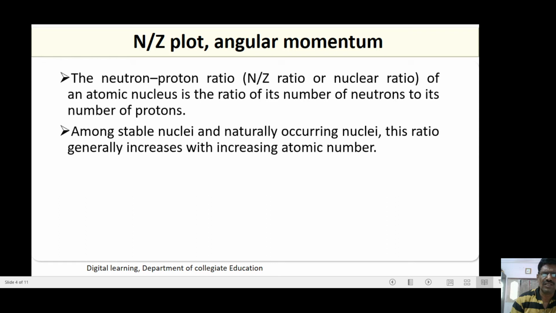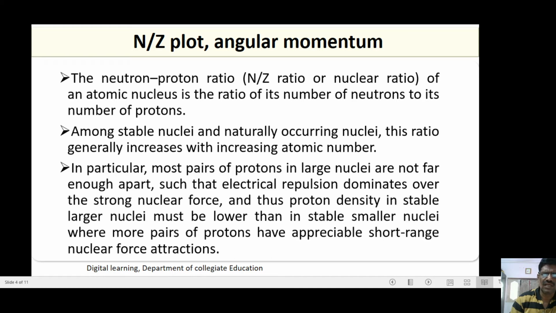Among stable nuclei and naturally occurring nuclei, this ratio generally increases with increasing atomic number.